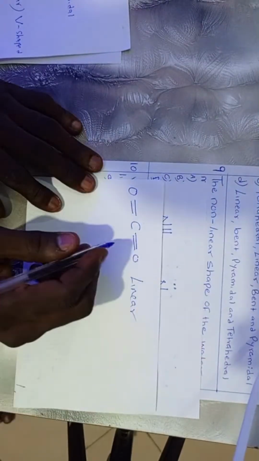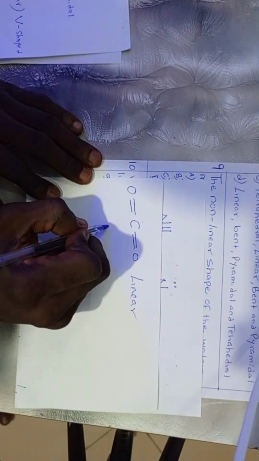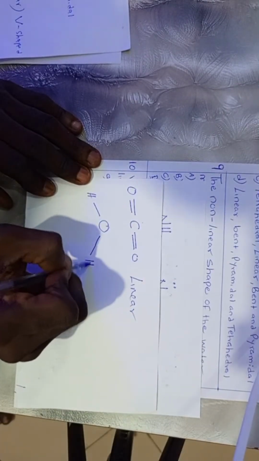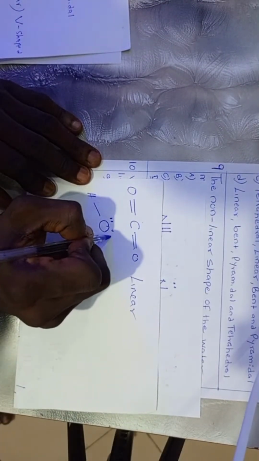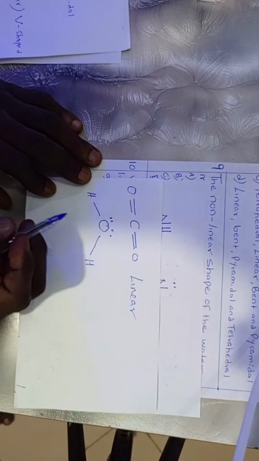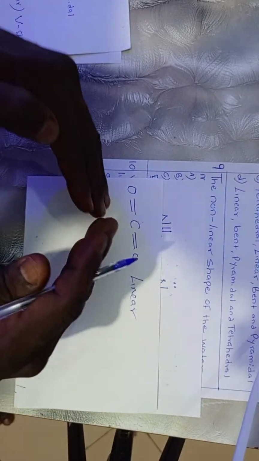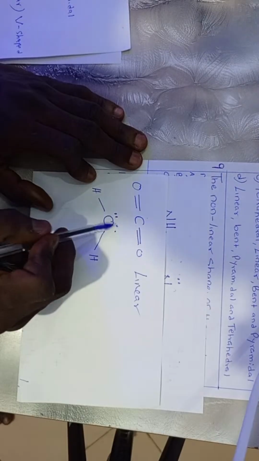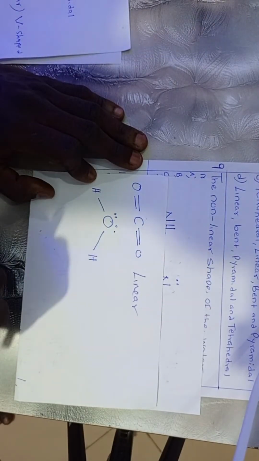Now, let's talk about the water molecule under consideration. Water has an oxygen atom which contains two lone pairs of electrons. So these two lone pairs of electrons tend to push the geometry of the molecule, making it bent. Now let's assume that these two lone pairs of electrons were not here. What would have been the geometry of water?